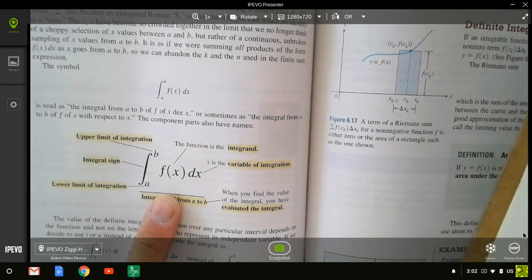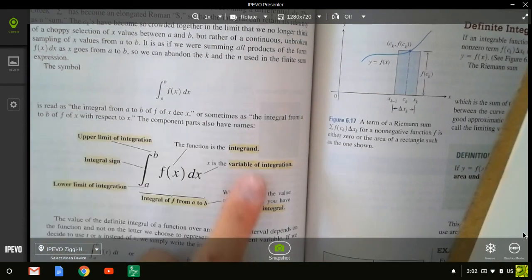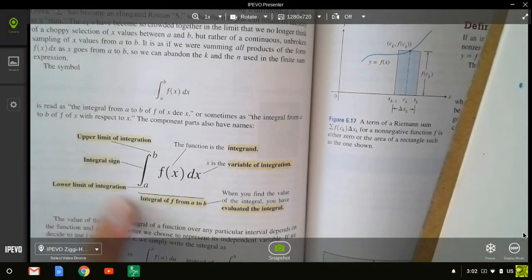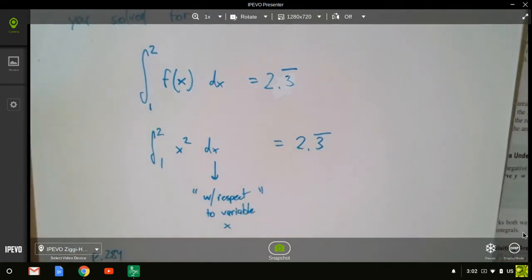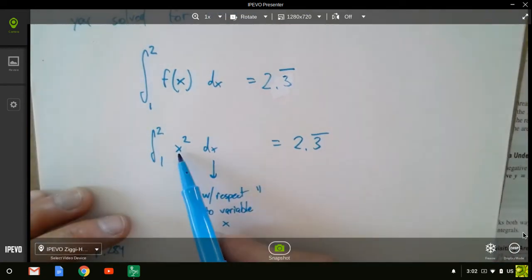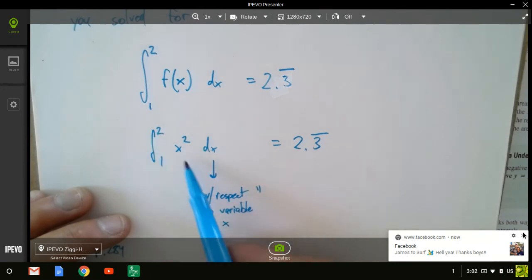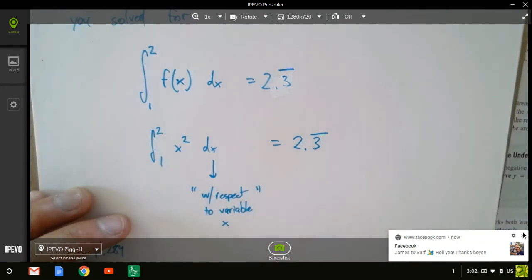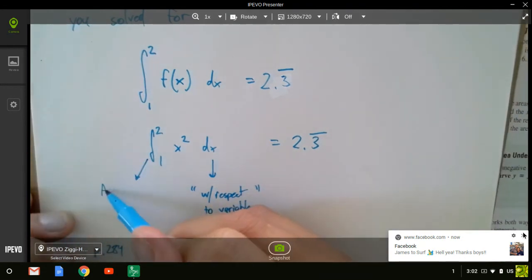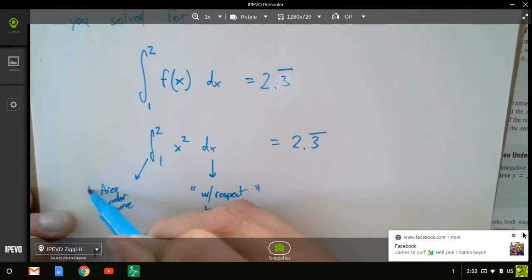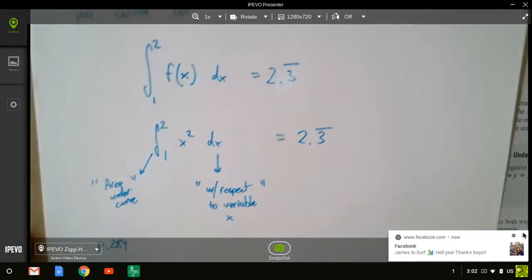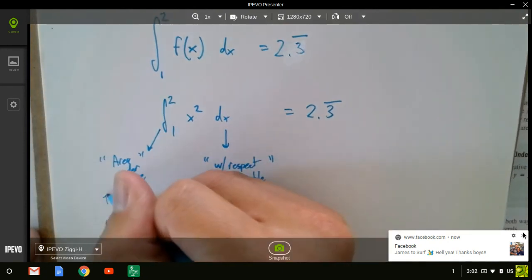They have all these different names for the different parts of what we just wrote down. You found that it was the area under the curve, right? We found the area under the curve from 1 to 2 under the curve of x squared, with respect to the variable x. And then we found it was 2.3. There's another name for this area under the curve, which I'm going to put in quotes. That is the integral.